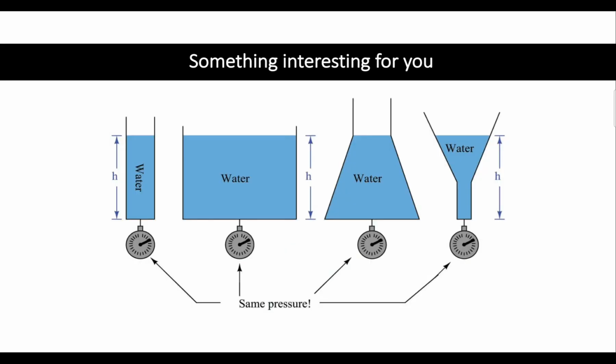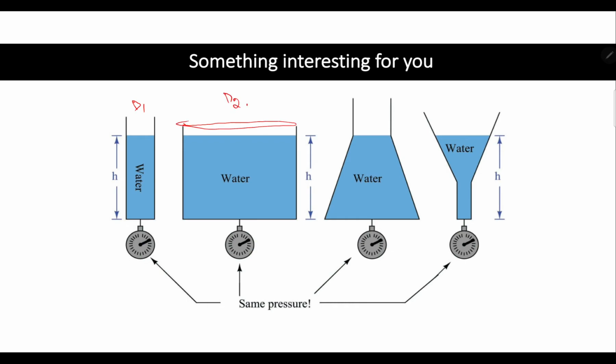So since we said it's the height from the top that matters, let me show you something very cool and very interesting. I have a glass jar, which is quite tall, and the diameter is very small compared to this diameter. This is a larger diameter.